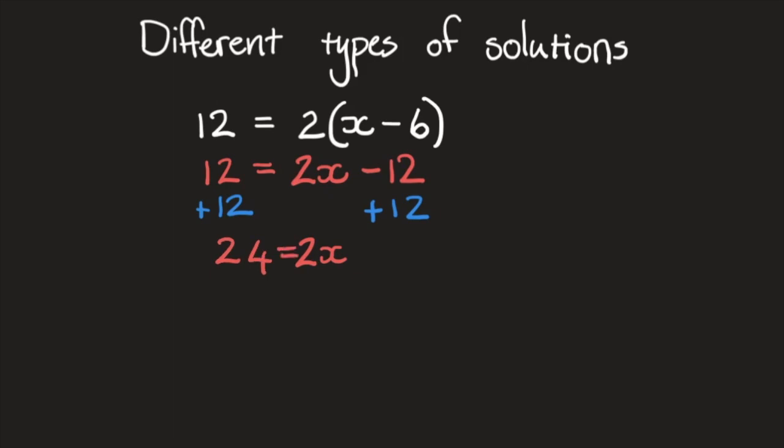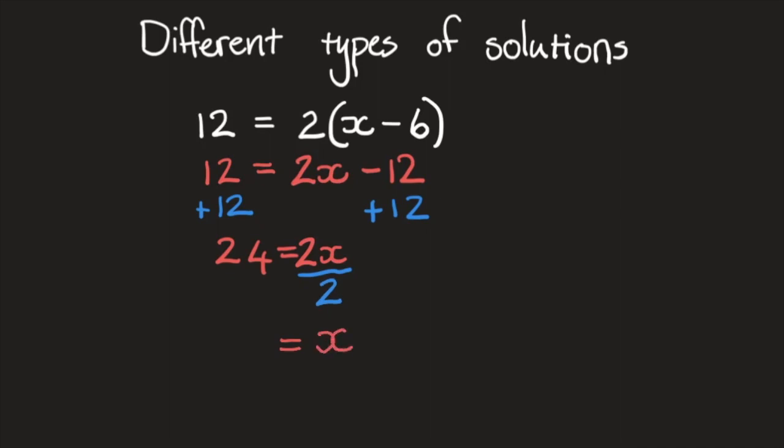The next thing we need to manipulate is that 2x. We need to make it into x, and to do that, the inverse operation of times, because it's 2 times x, would be divide. And that would give us x on its own, so we've isolated it.